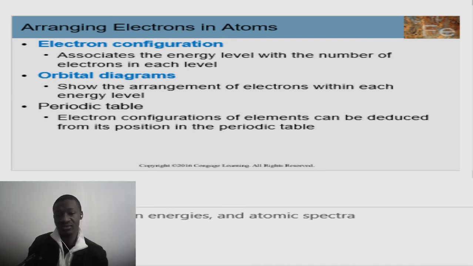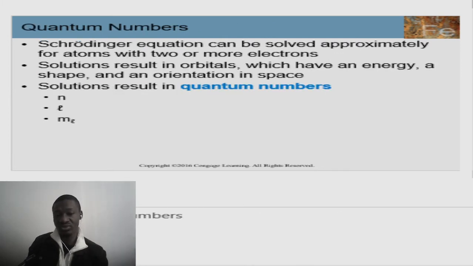So we now move down to the quantum numbers. There's an individual called Schrödinger, and Schrödinger came up with an equation that can be solved approximately for atoms of two or more electrons.